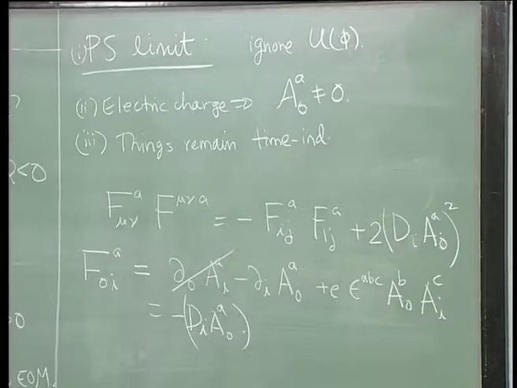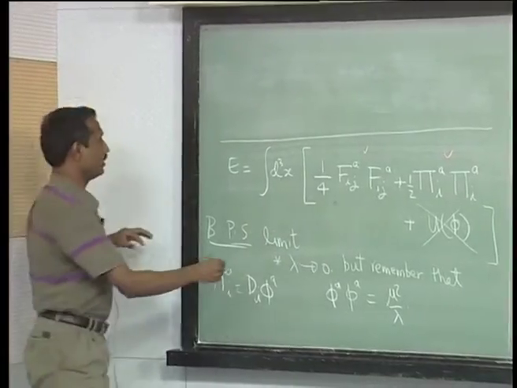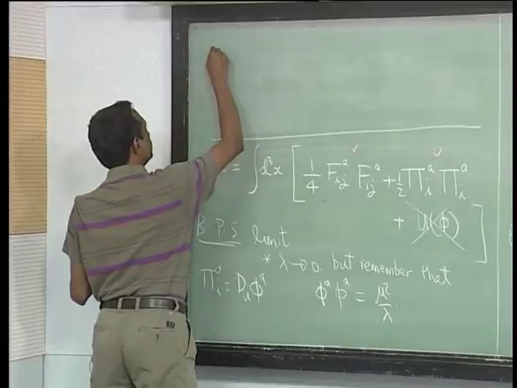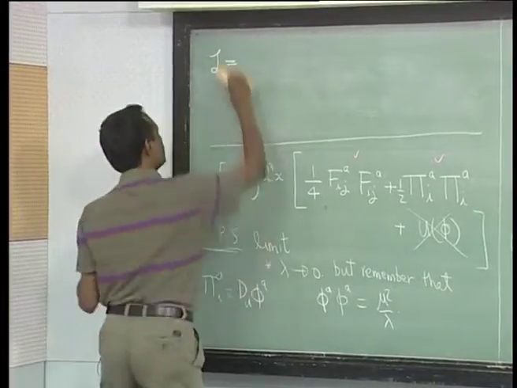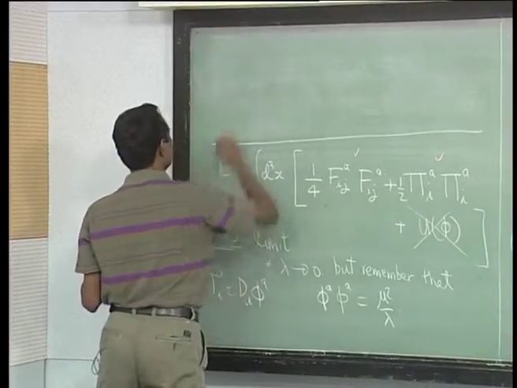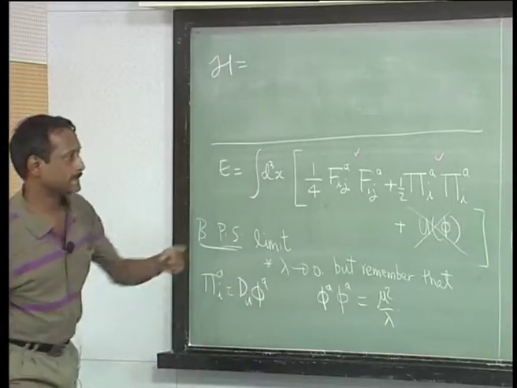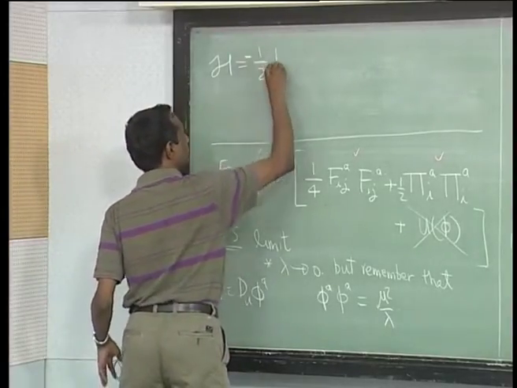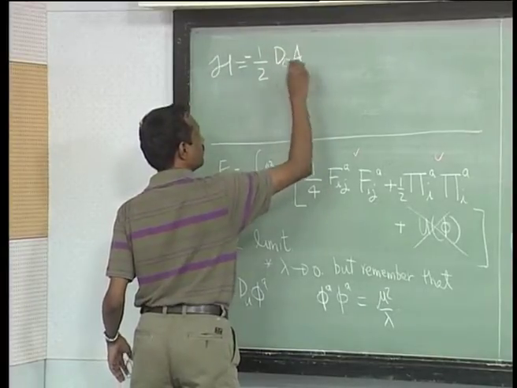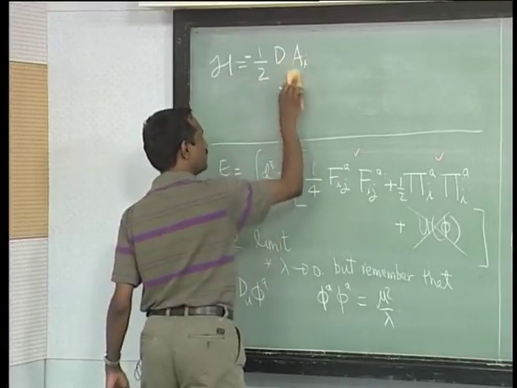I could look at the Lagrangian or I could look at the Hamiltonian density. Let me stick to the Hamiltonian density. So the Hamiltonian density will look like the following: half, D_i of A0.